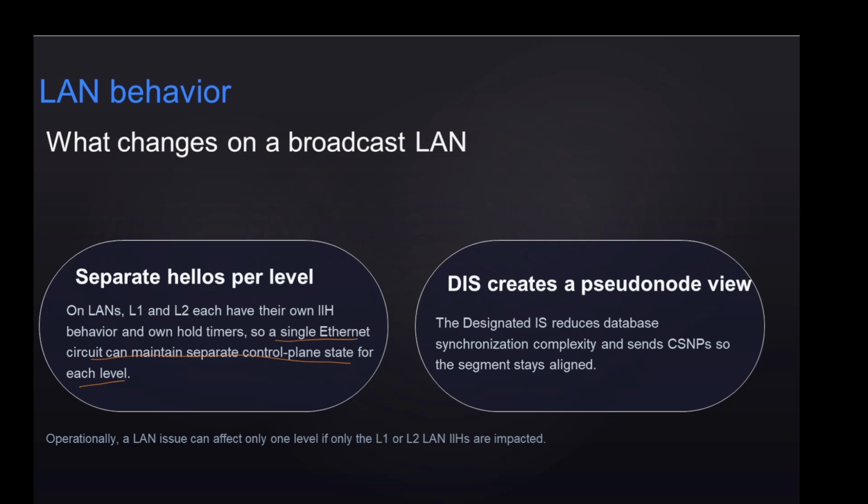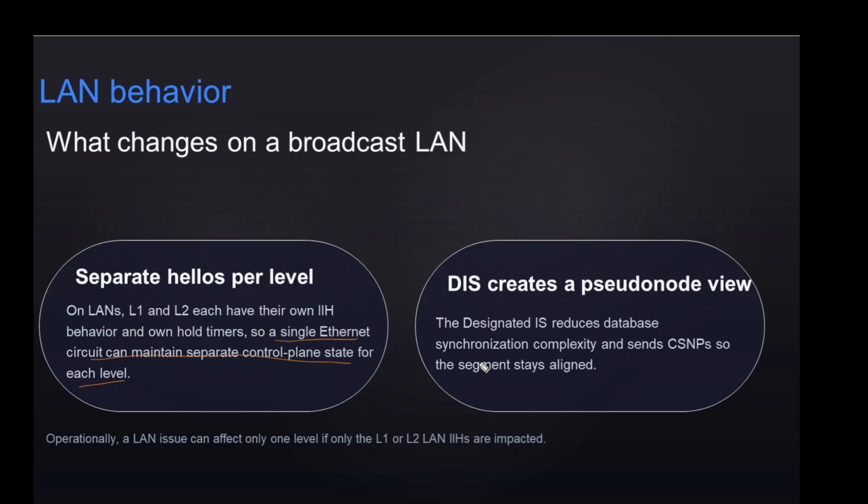It's the responsibility of the DIS to send CSNPs, or complete sequence number PDUs, every 10 seconds to ensure that all the routers in the broadcast network have an identical copy of the LSDB.